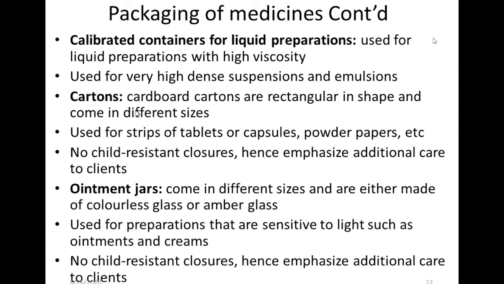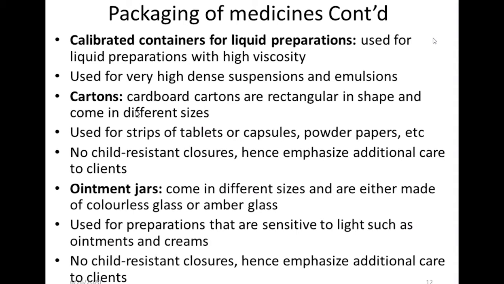And usually they come unlabeled, so they don't have anything to indicate what drug is inside. They are meant for us, when we want to dispense, to put the drug inside and then label. And the label must be very adequate, like I was saying.